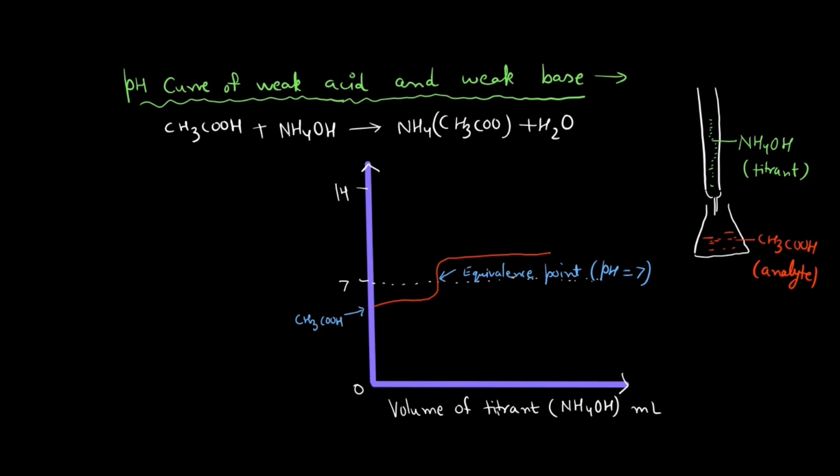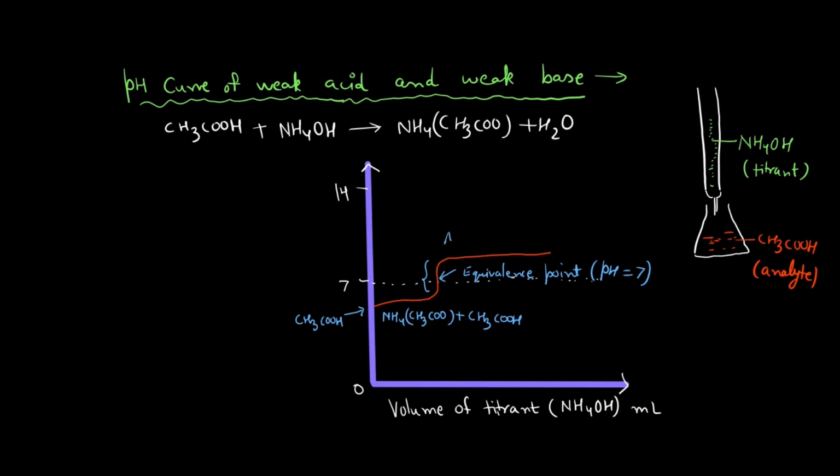And when ammonium hydroxide drops into acetic acid, it forms ammonium acetate, and the rest of the acetic acid remains unreacted. And when all the acetic acid has reacted with ammonium hydroxide, we have all ammonium acetate, and then we keep on adding the ammonium hydroxide.